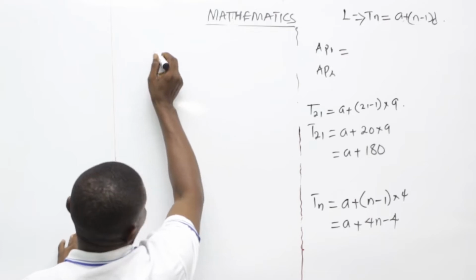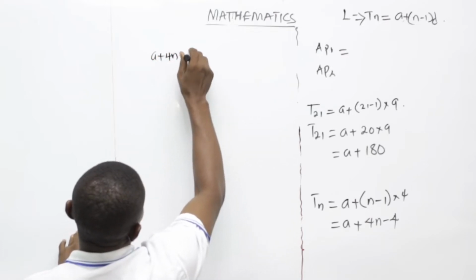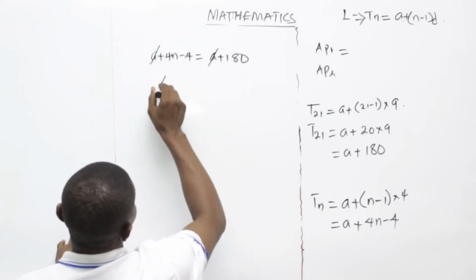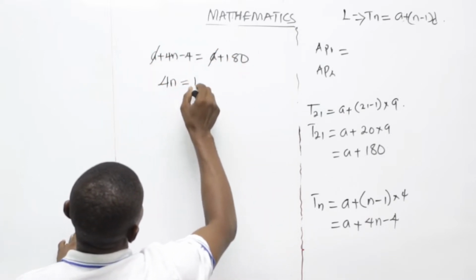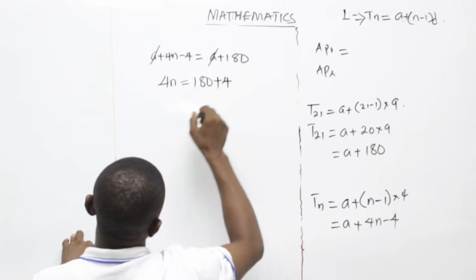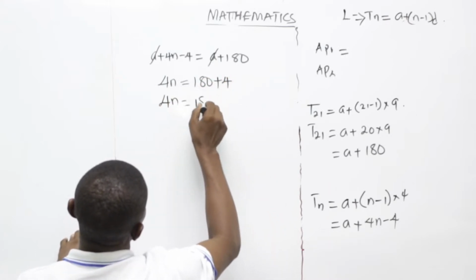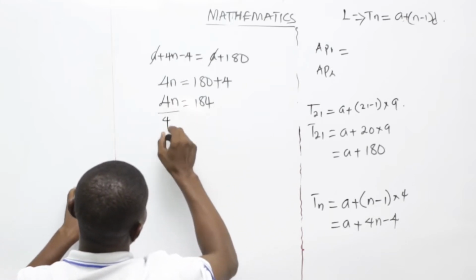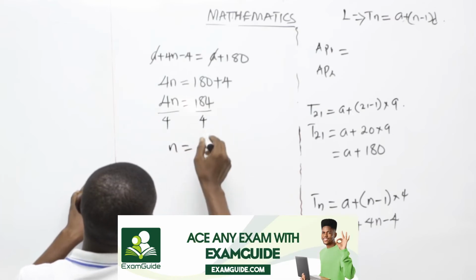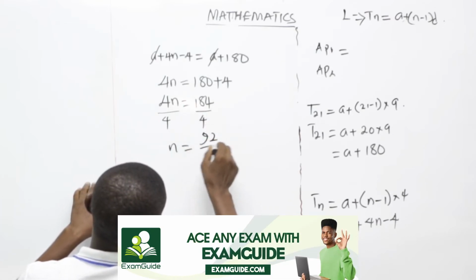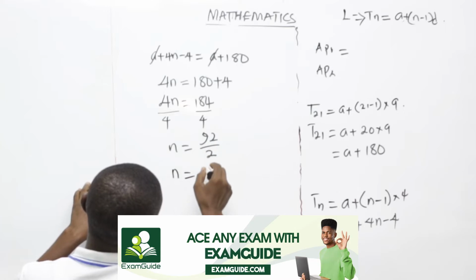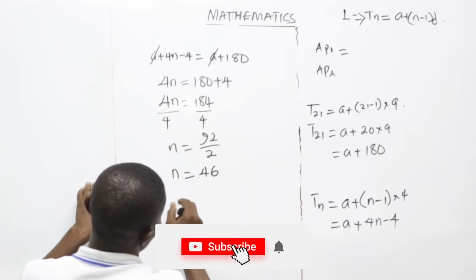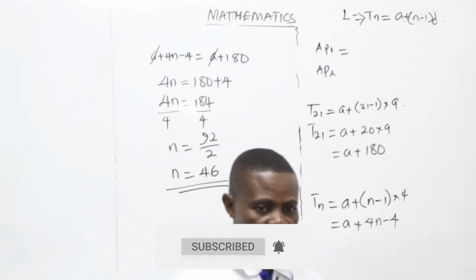So that we'll have A plus 4n minus 4 equals A plus 180. A here, A here. So 4n equals 180 plus 4. 4n equals 184. 4 here, 4 here. n equals 184 over 4, that is 46.